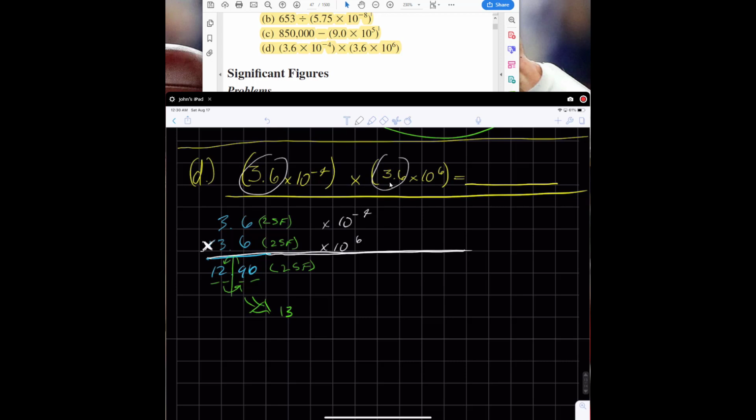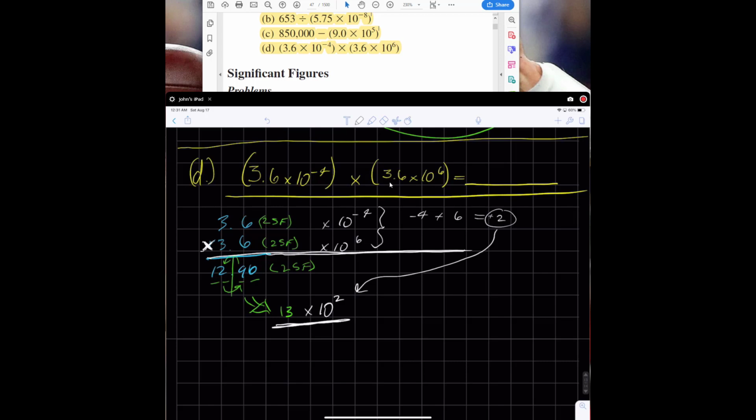We did the front portion first, and now we're just doing the times 10 to the lowercase n, the exponent. Rules of multiplication state that for exponents, we simply add them. So what this is saying is negative 4 plus 6 is equal to positive 2, right? So that means that the answer that we're coming up with now is 13 times 10 to the 2.